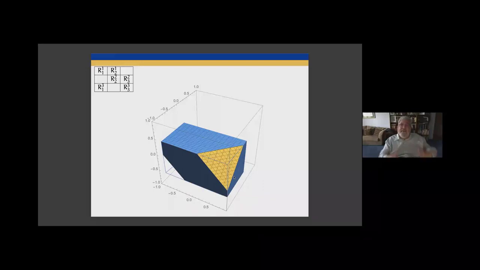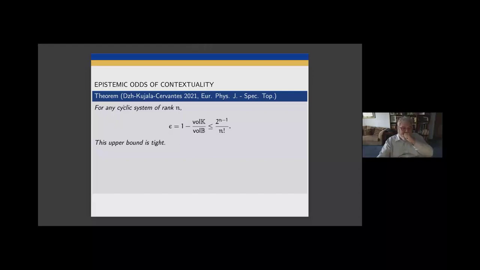In other words, if you are not guided by any theory and you are looking for a contextual system of a given format, for example, a cyclic system of rank 3, how probable is it that you will hit a contextual system? Well, it turns out that we have a theorem here that gives you the upper bound for this probability.